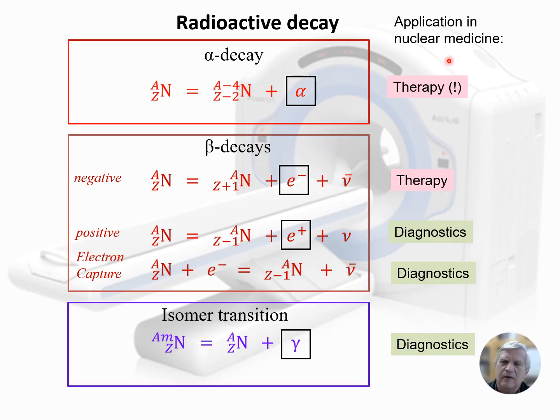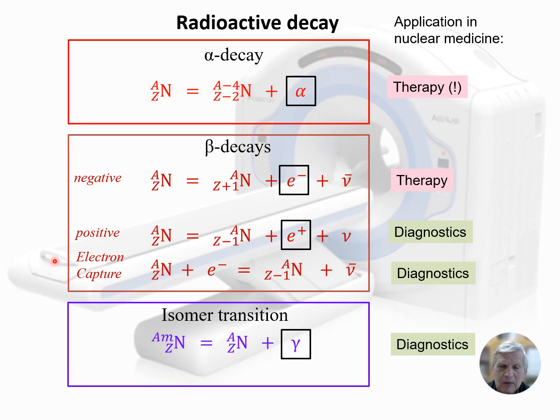Please note that when we talk about nuclear medicine, it means that the radioactive nuclide is incorporated in your body. And this is the situation where an alpha emitter is very dangerous, and that's why I put here an exclamation mark. So a medical doctor should be extremely careful when he or she decides on using alpha particles for some therapy.